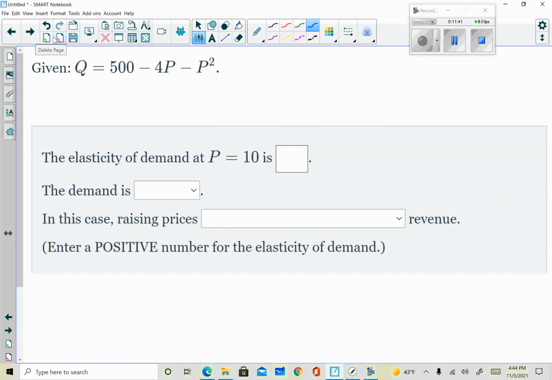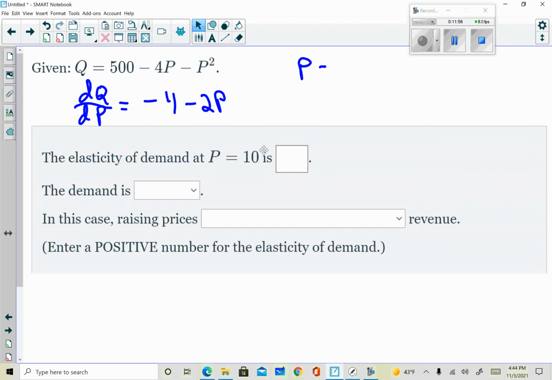For elasticity, we need the derivative of q with respect to p, which is 0 minus 4 minus 2p. We also need q when p is 10.